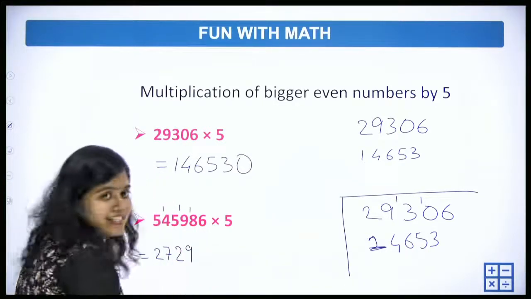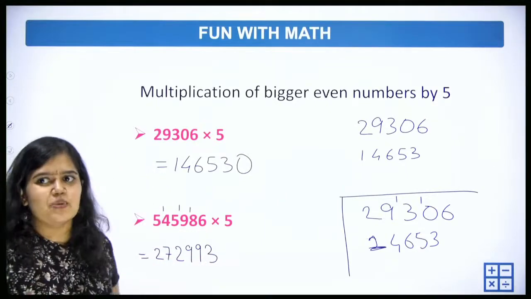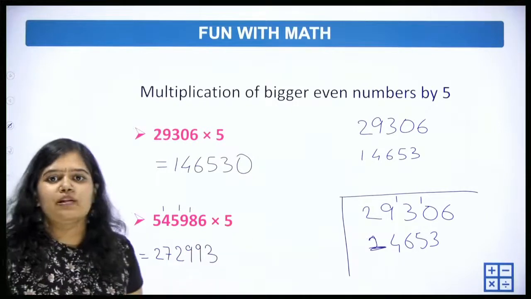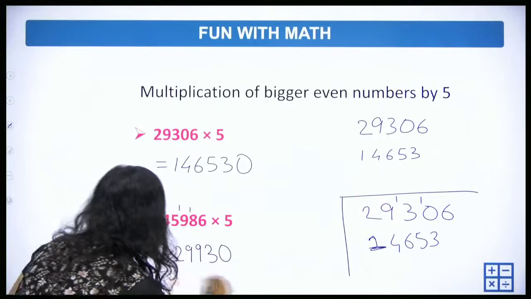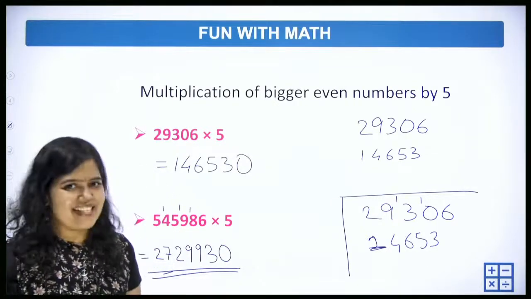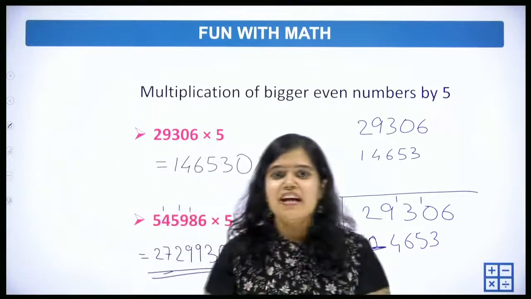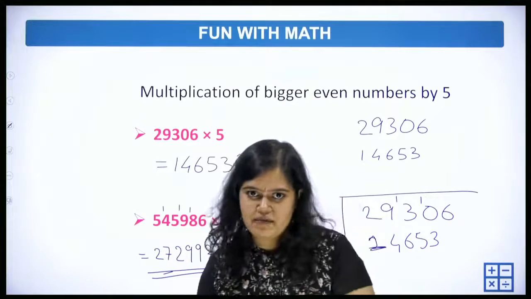And again 18. So 9. 3. And now since we are multiplying with 5, after dividing by 2, we need to put 0. That is, we are multiplying with 10. So the answer is 2729930.